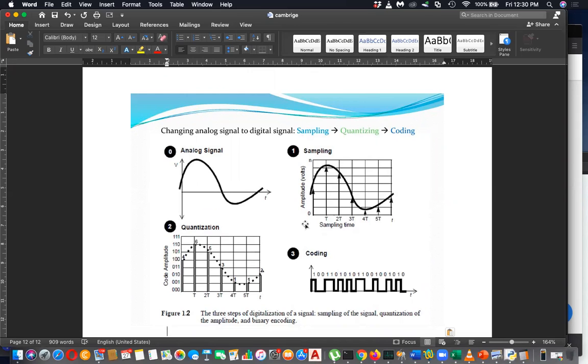Let's say t is 1 second. 1 second is divided into 6 portions. Then in each 1/6, each t, you are taking the value. First it is 4. The second one is 6. Third one is 5. Fourth one is 3. Fifth one is 1. Sixth one is 2.